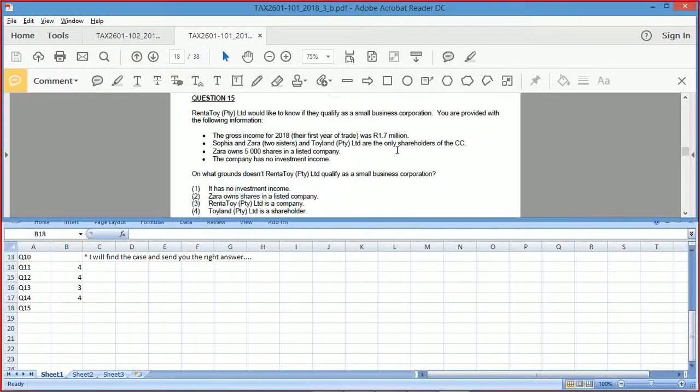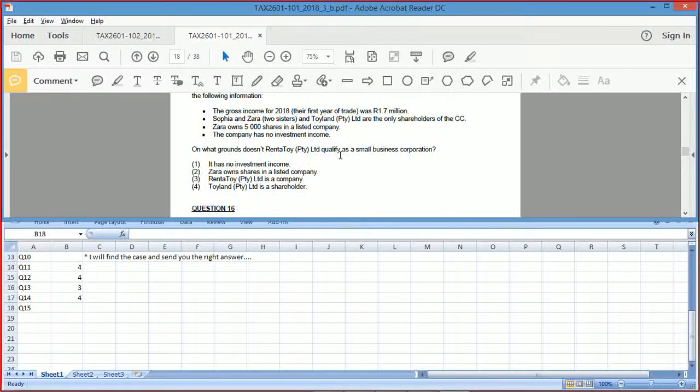Okay, next. Rent-a-Toy would like to know if they qualify as a small business corporation. SBCs you don't know much about yet because we haven't covered study unit 3 yet, so I'm going to answer this one for you. You are provided with the following information. Gross income. There is a very specific list of criteria that you will see next week regarding what determines a small business corporation.